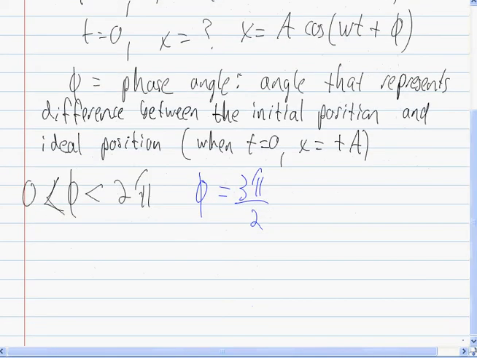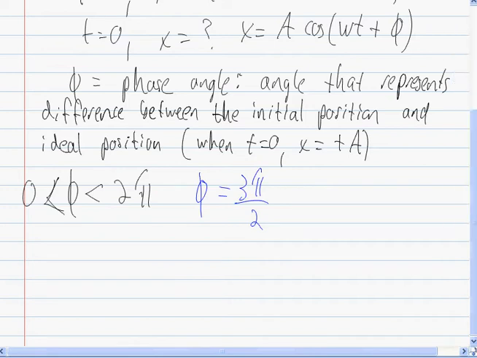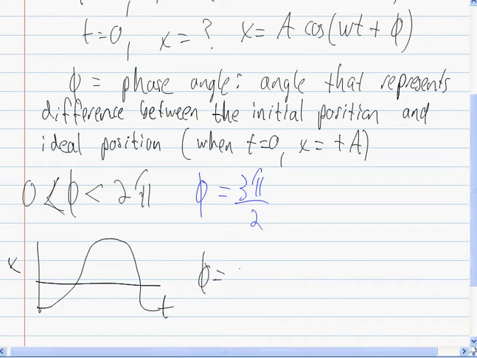But if we look at some examples, we can see what the phase angles are going to be. If this is x over t, if instead of starting at the top, it starts at the bottom, then the phase angle is going to be pi.